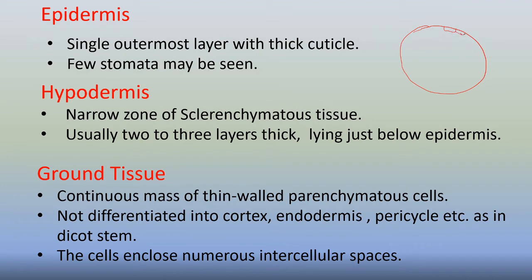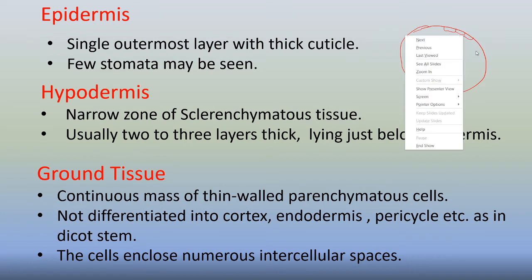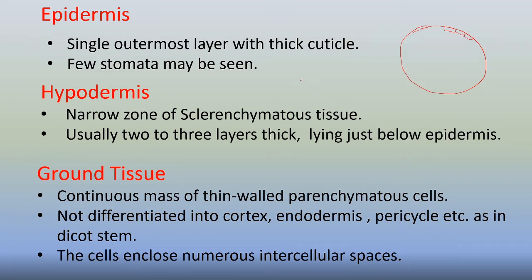This outermost layer consists of cells which are somewhat elongated and thin walled, but this epidermal layer is covered by the cuticle, which is thick in nature. In few cases there may be presence of small openings. As the stem is herbaceous in nature, it is green in color, it shows small openings which are called the stomata.